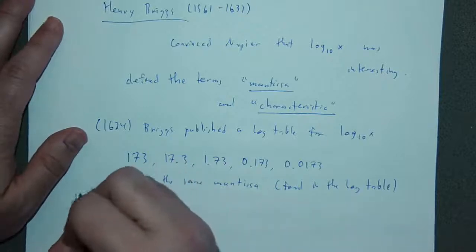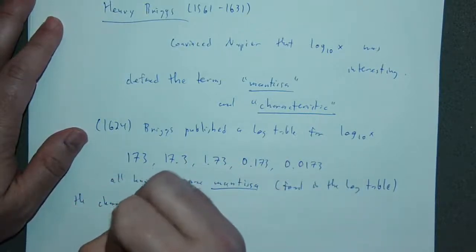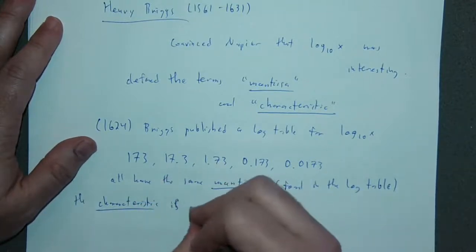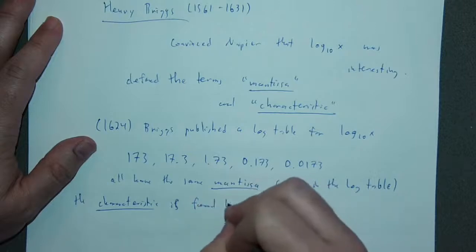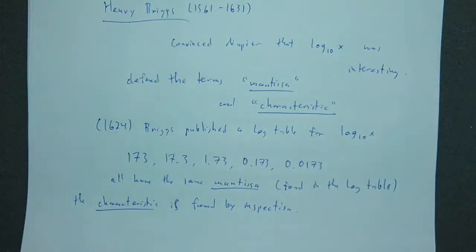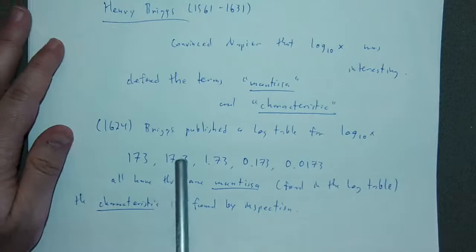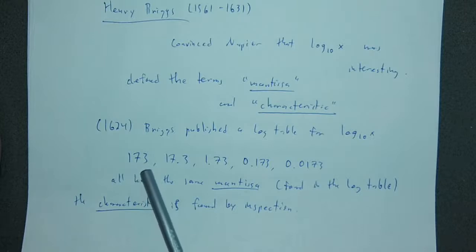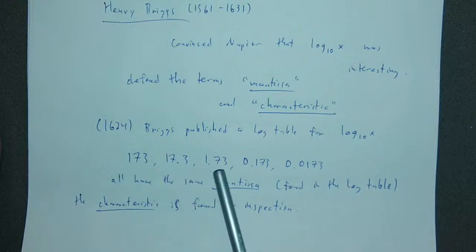So the characteristic is found just by looking at these things. The characteristic is basically how the decimal moves. So for instance, the characteristics of these, starting here, would be 2, and then 1, and then 0, and then -1, and then -2.